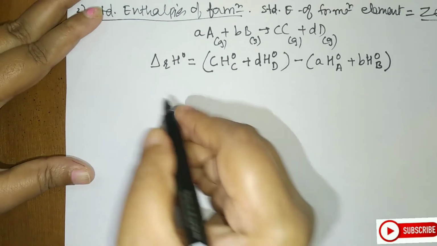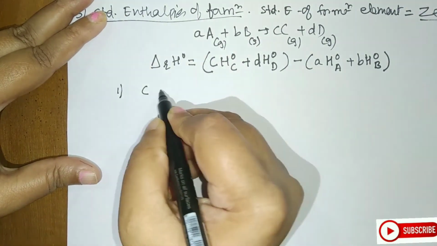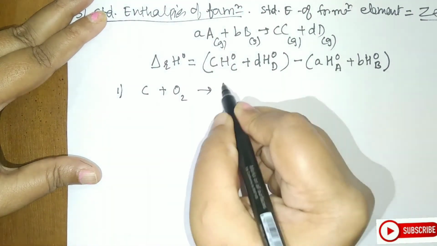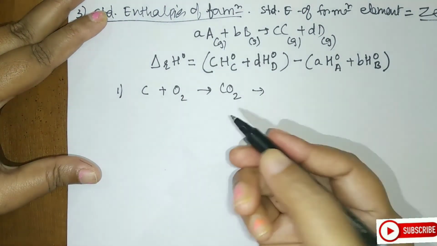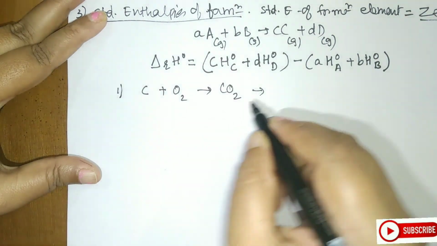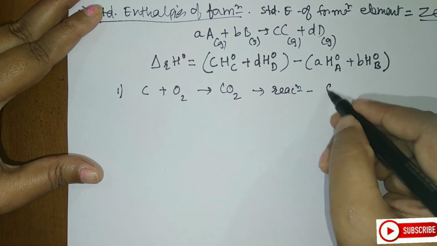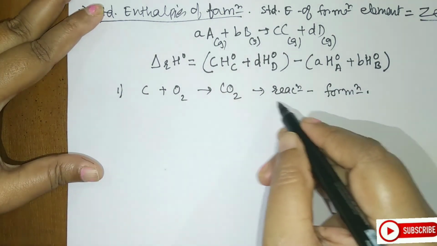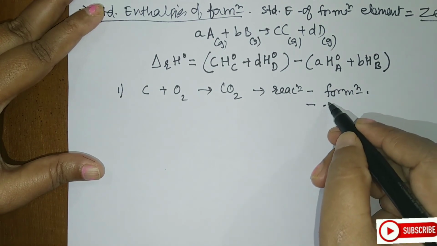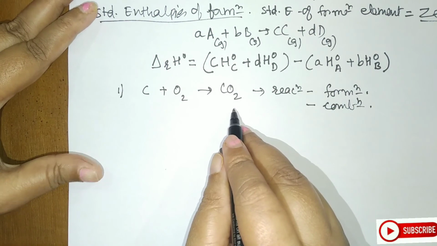Let us try a few more examples. Students, if I give you one equation that is C plus O2 giving CO2, then what type of reaction is this? So here the possibility is that this can be a formation reaction because carbon dioxide is getting formed. The second, it can be a combustion reaction because here carbon is combusted to give carbon dioxide.